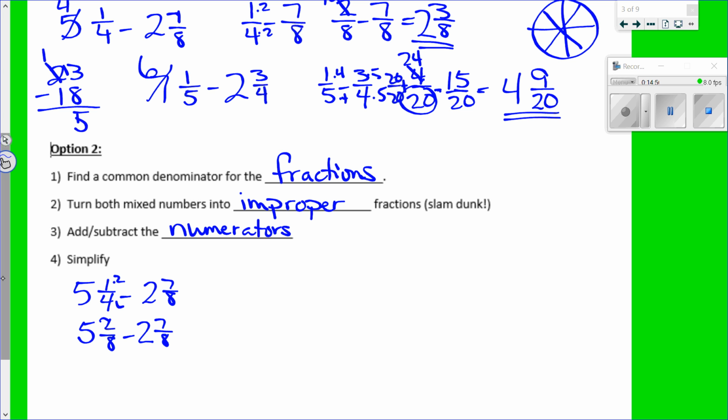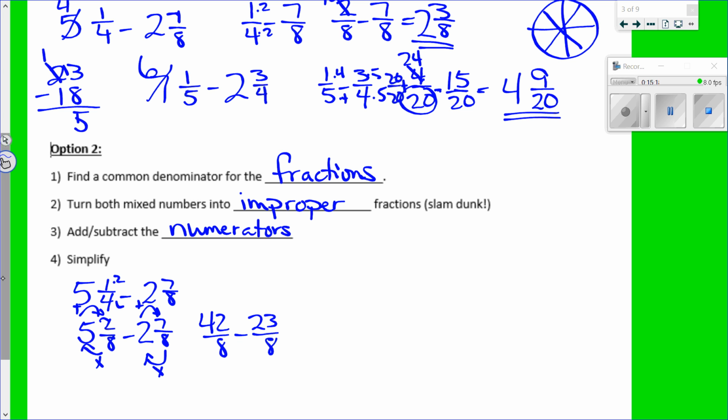Now that I have a common denominator, I'm going to slam dunk. So we're going to multiply the bottom and then add the numerator on both of them. That gives me 8 times 5 is 40, plus 2 is 42. So 42 eighths. 8 times 2 is 16. 16 plus 7 is 23 eighths.